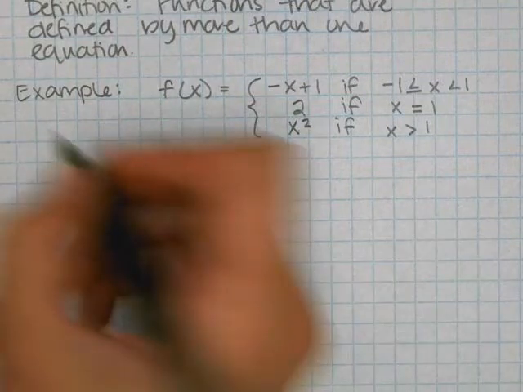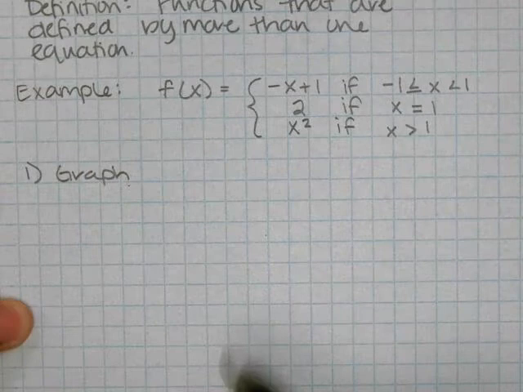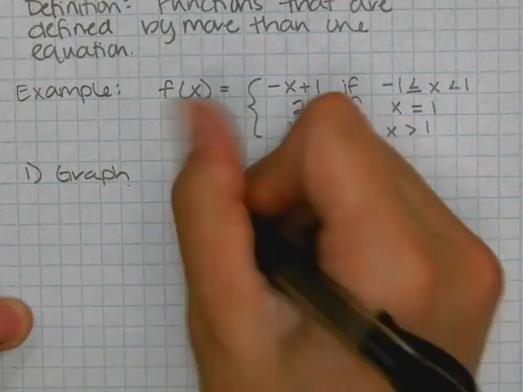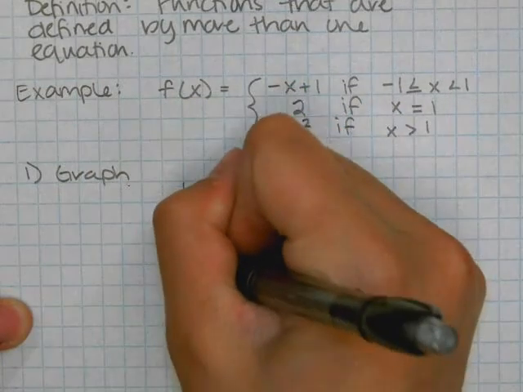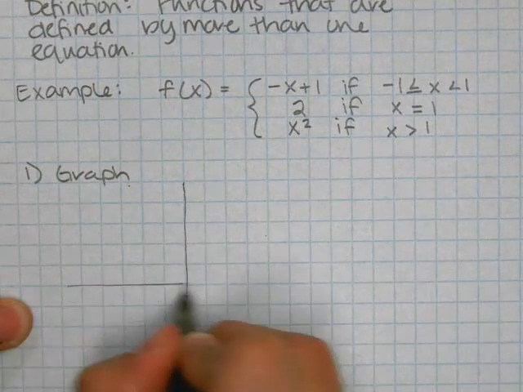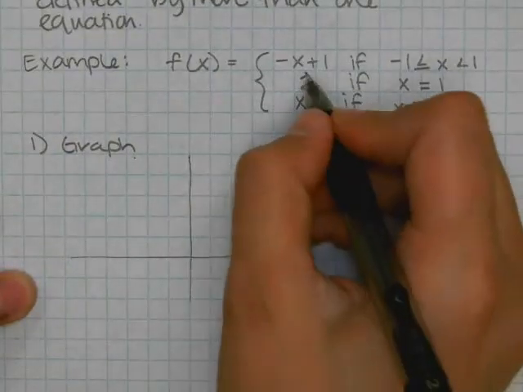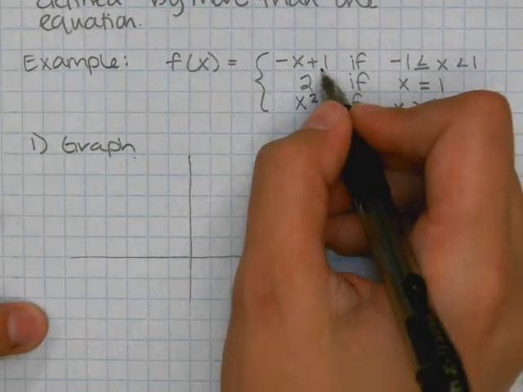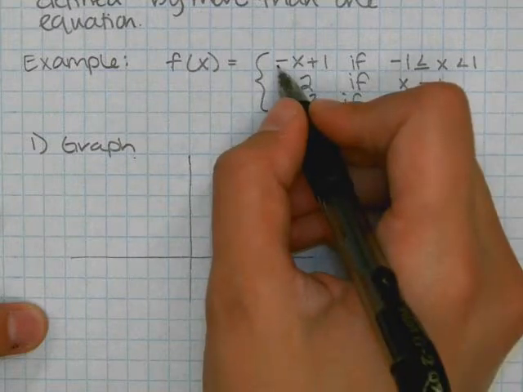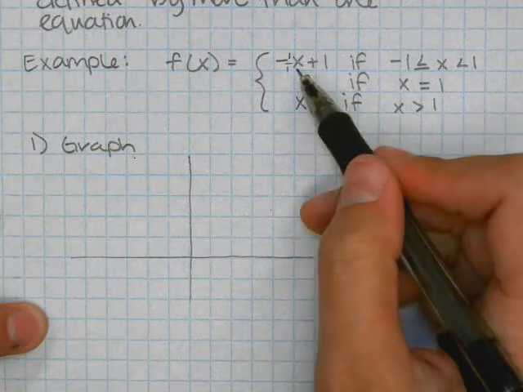So the first thing we want to be able to do with the piecewise function is graph it. So I'm going to go ahead and sketch a graph here. My first piece is linear. It has a y-intercept of 1. And in front of that, that's a negative 1 over 1 if I was to make that a fraction, so I can see rise over run.